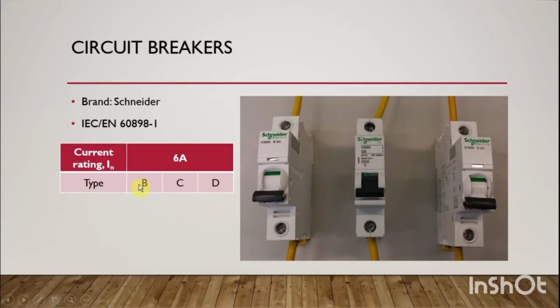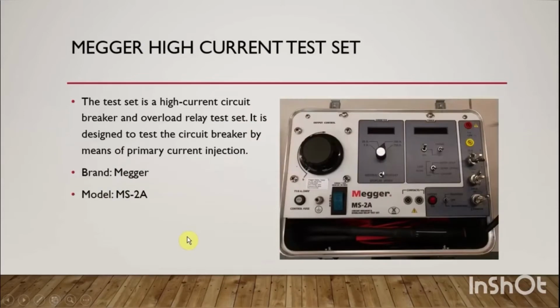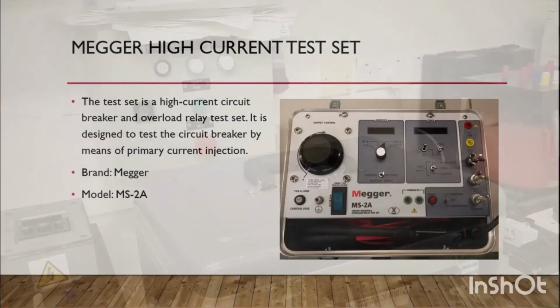These circuit breakers have different types B, C, D, but they have the same current rating of 6A. For the equipment, we are using this mega high current test set. So this test set is a high current circuit breaker and overload relay test set. It is designed to test the circuit breaker by means of primary current injection.